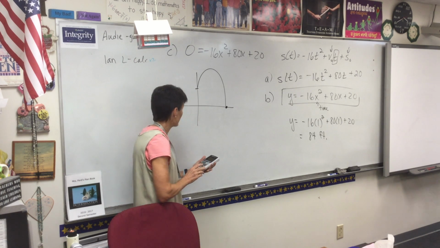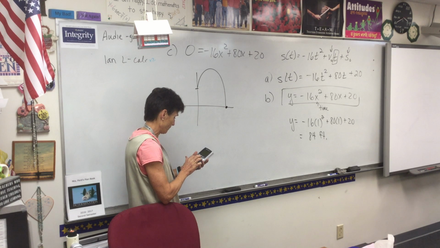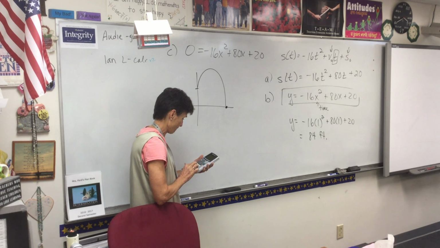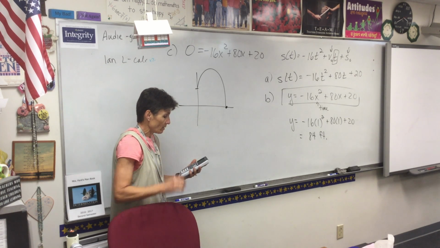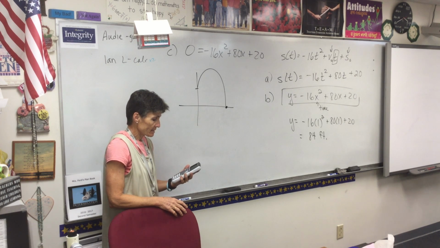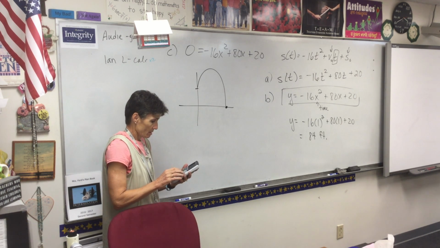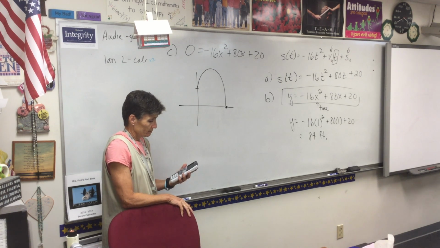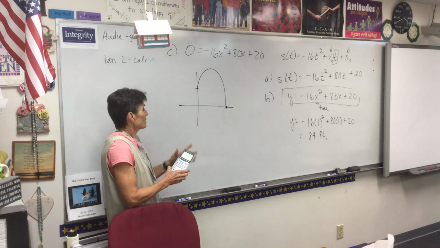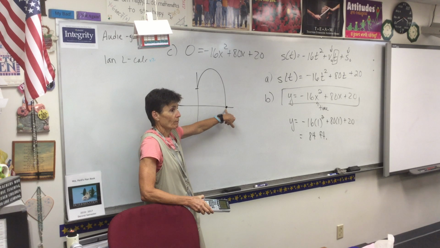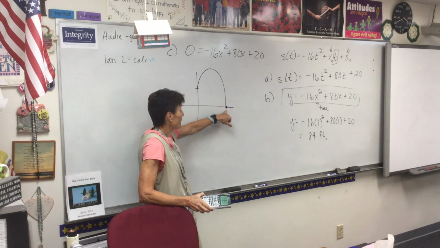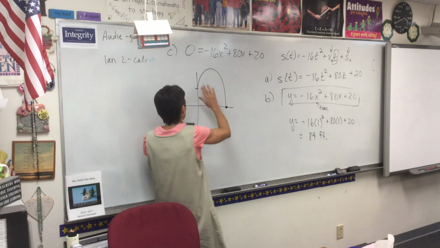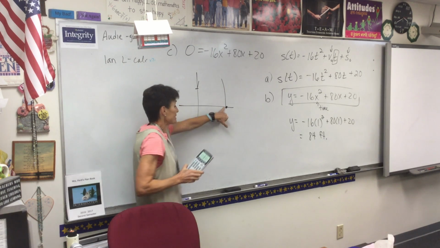So we'll clear out the old and put in the new. I have no idea how your window is set, so I might just go Zoom 6. Now again, we are looking for this point, right? When I zoom 6, I see that point. I don't see this nice shape because this part's missing, but I see that point.